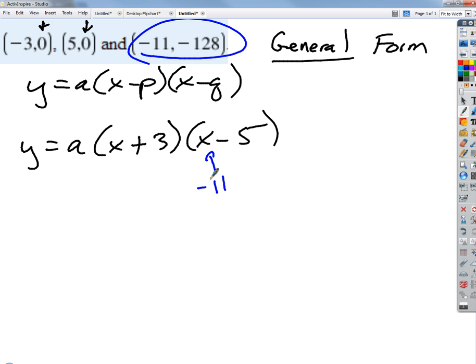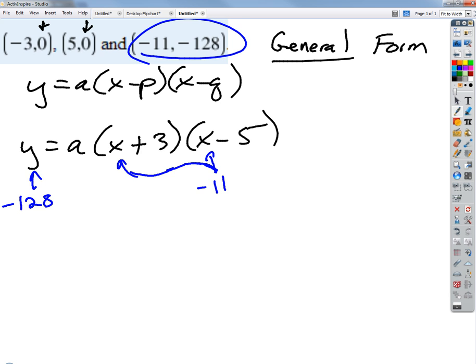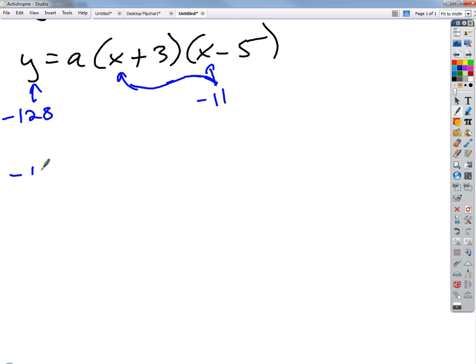So -11 goes in for my x's, and -128 goes in for y. And if we do that, what do we get? -128 equals a times -11 plus 3 times -11 minus 5.